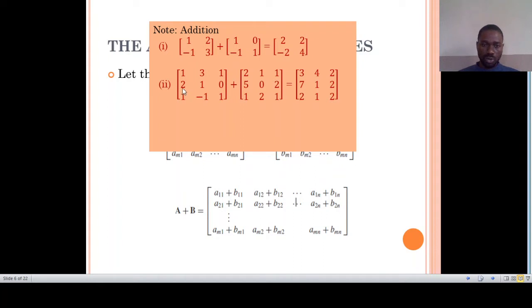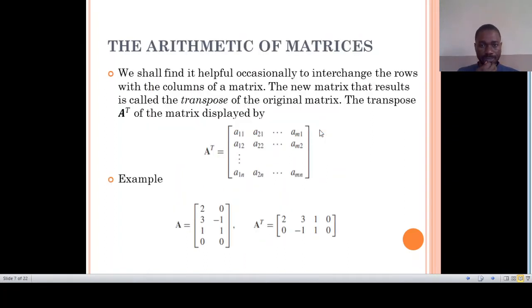You go to the second row, 2 plus 5, 7, 1 plus 0, 1, 0 plus 2, 2, and you go to the third row, 1 plus 1, 2, minus 1 plus 2, 1, 1 plus 1, 2. So that's the way you will add your matrices together. Let's continue from there.